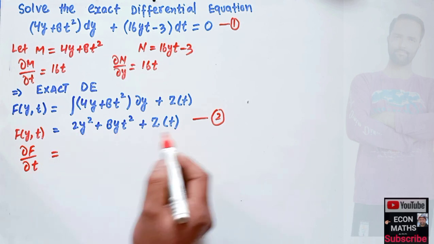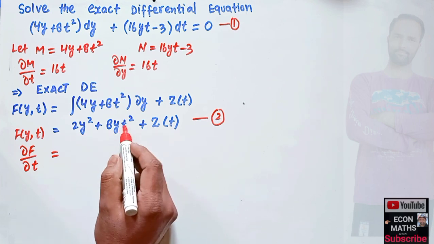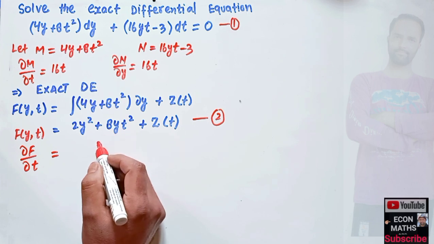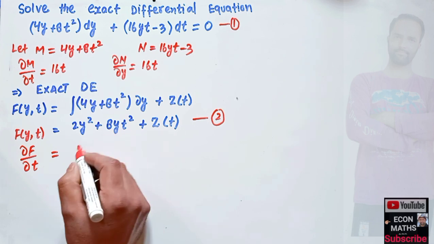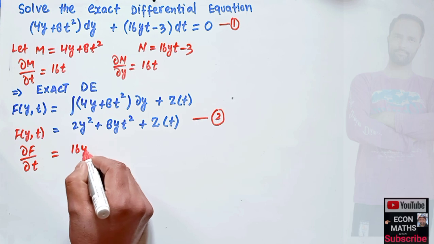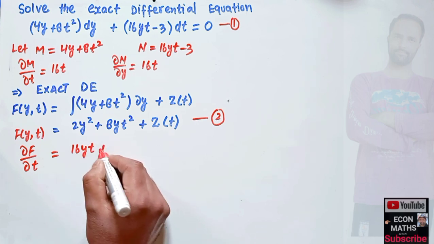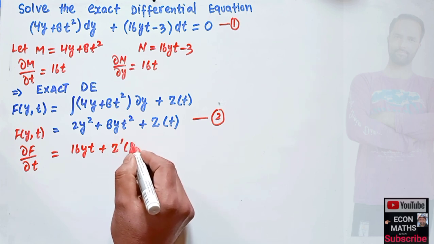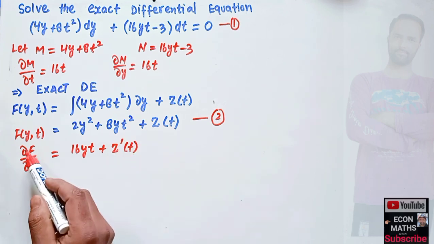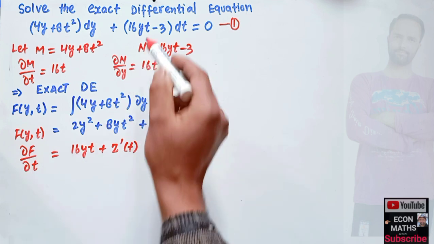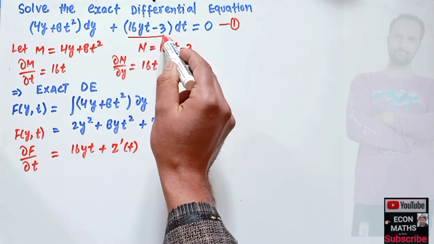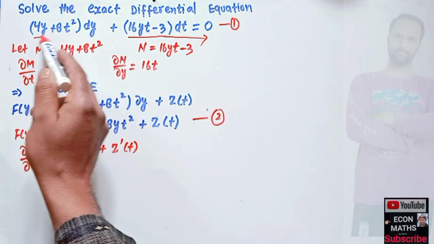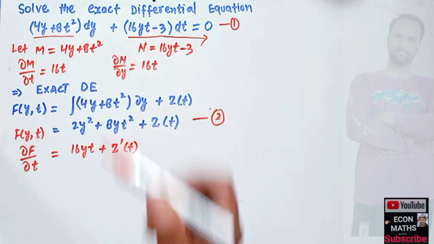When we differentiate this with respect to t, the derivative of t² is 2t, so 2 into 8 is 16, and we get 16yt plus the derivative of z(t), which is z'(t). But what is this ∂f/∂t? Actually it is this term. This is our N also, so this is ∂f/∂y and this is ∂f/∂t.